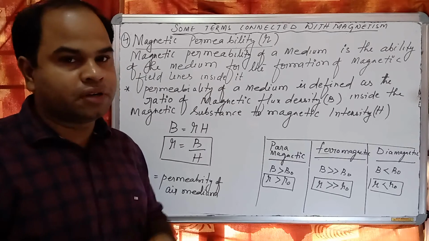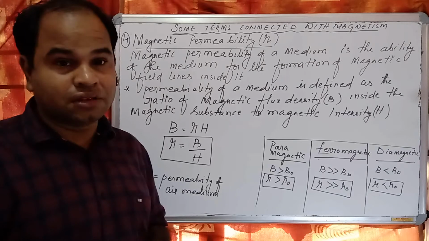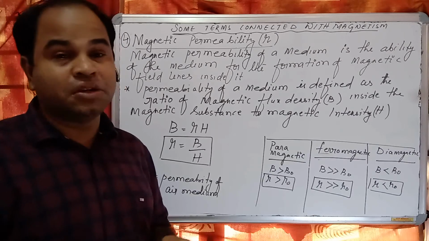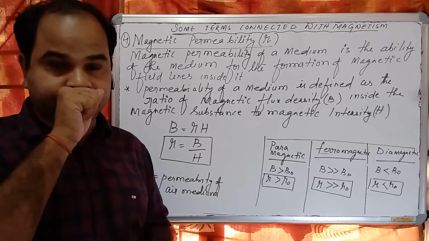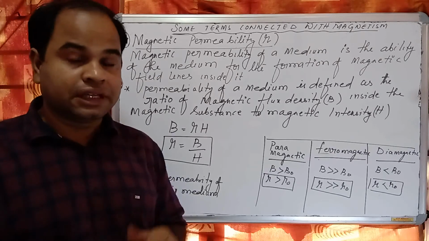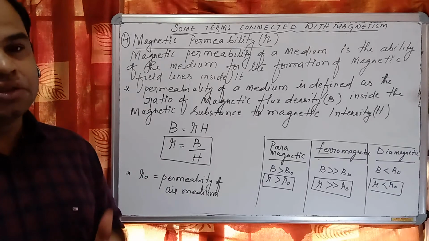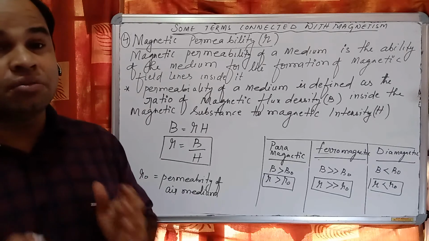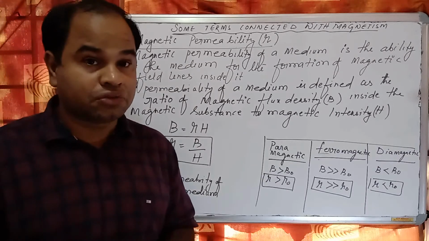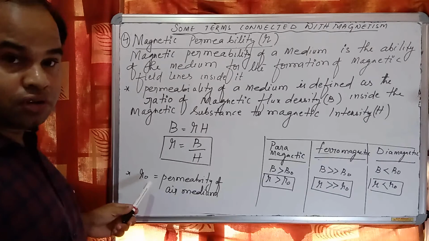We define permeability as the number of field lines allowed by the medium to pass through it. Again, it is the number of magnetic field lines allowed by the medium to pass through it. If it is the air medium, it is the number of field lines allowed by the air medium to pass through it.